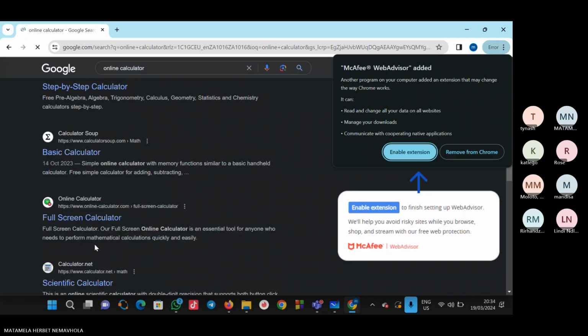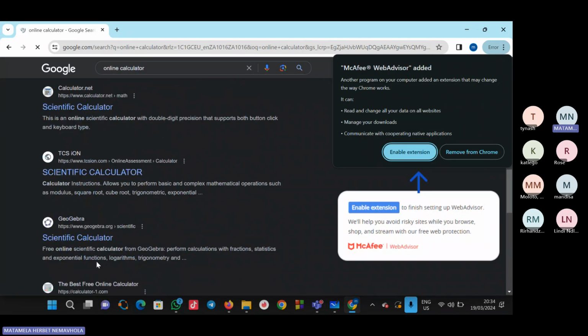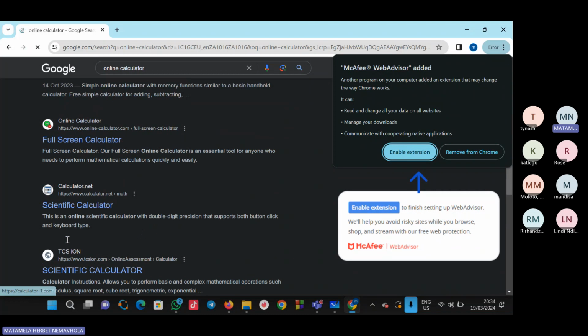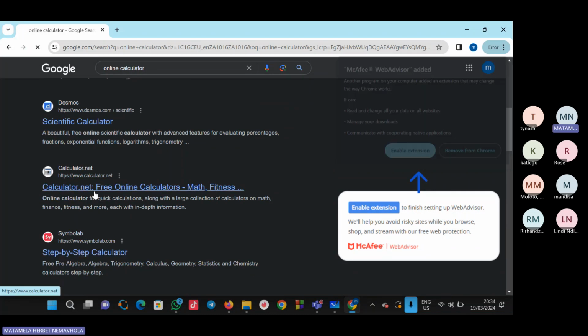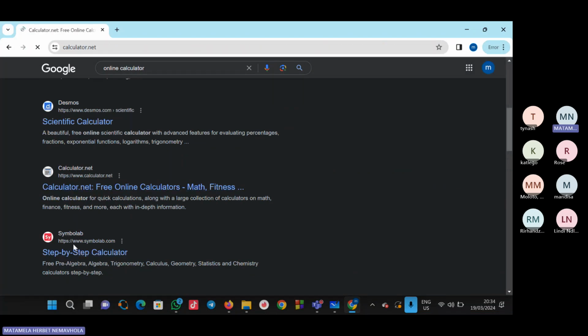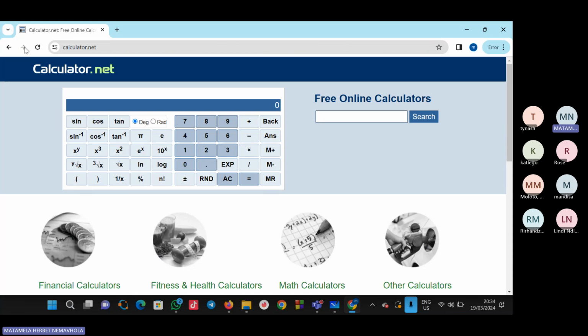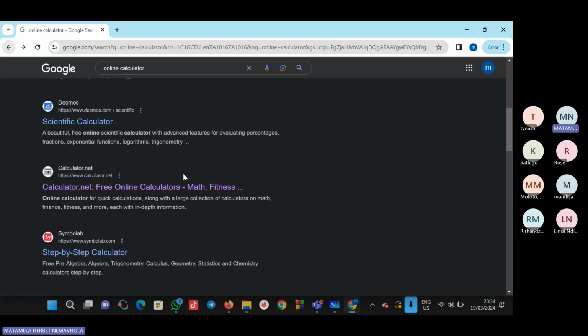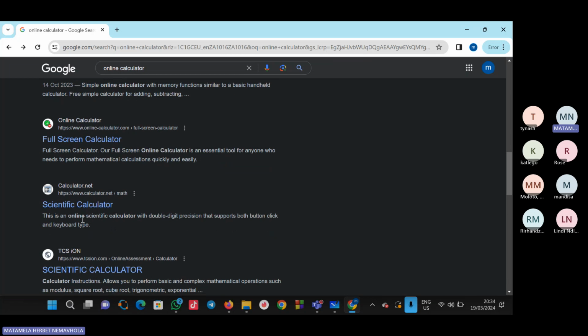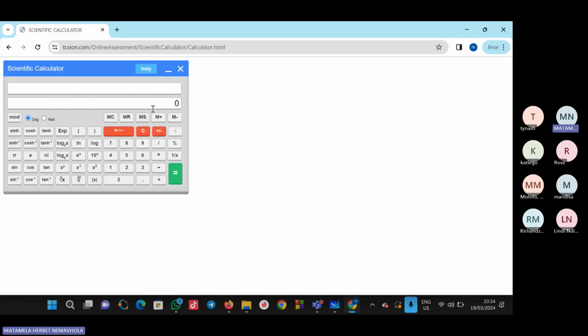No, there is this one I normally use. I can't see it. I prefer scientific. I'm not sure if it's this one, but let's just open it. So what is that calculator?